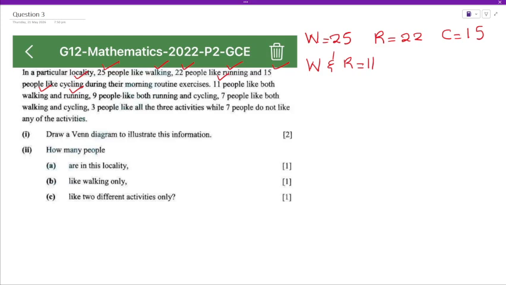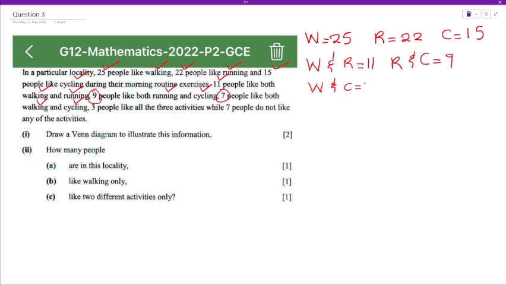Okay, 9 like both running and cycling. Running and cycling, we have 9. Then 7 like both walking and cycling. So walking and cycling, we have 7.